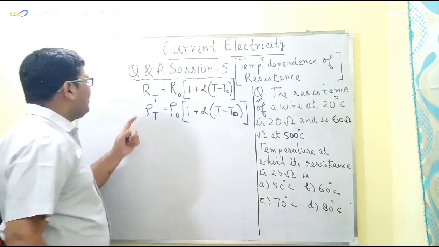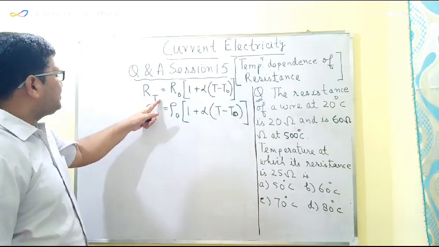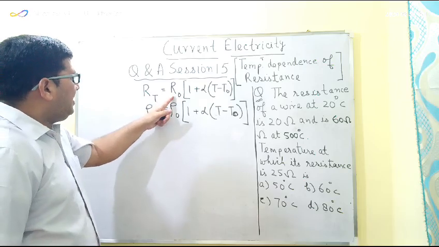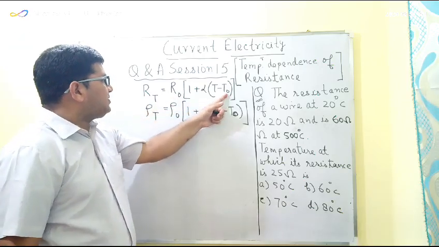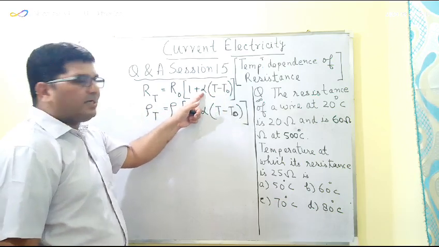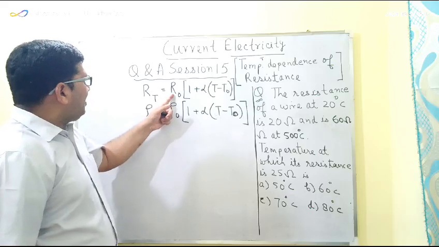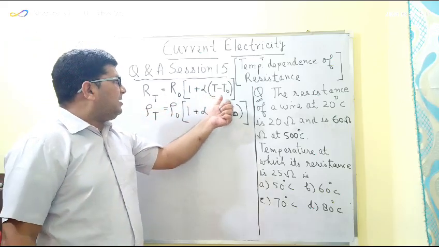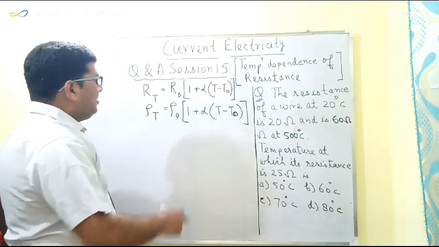Now here R_T is the resistance of the material at the temperature T, and T_0 is the reference temperature. Alpha is the temperature coefficient of resistance, and R_0 is the resistance of that material at the reference temperature.